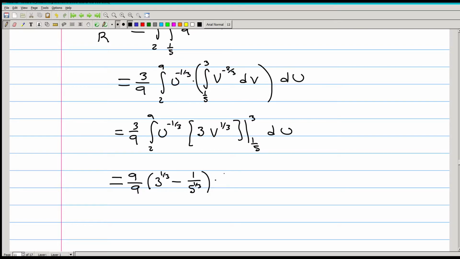And we have to multiply this by the integral of u to the -1/3 from 2 to 9, which is just going to be equal to 3/2 u to the 2/3 from 2 to 9.